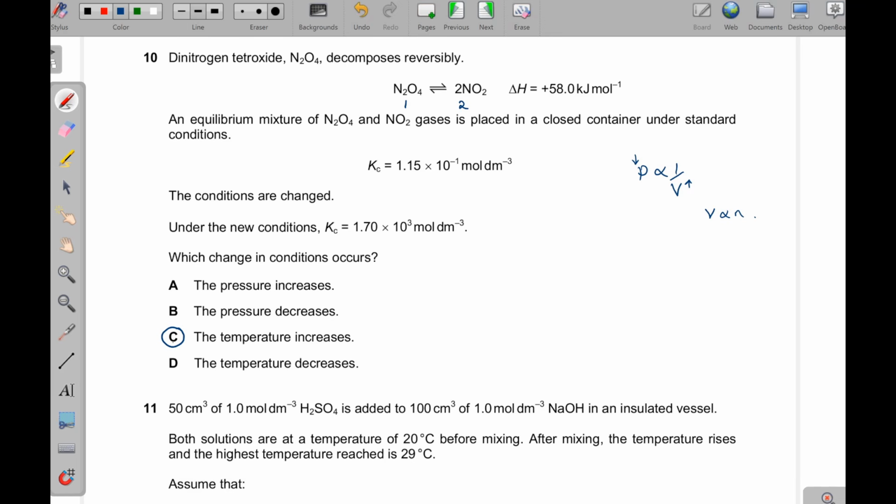In that case, that means you're going to have more of the products, and then the Kc. Remember, Kc is the concentration of the products raised to the power of the number of moles in the stoichiometric equation, divided by the concentration of the dinitrogen tetraoxide. You see that? So we're having more of the products when we increase the temperature and very few of the reactant. Kc has to increase, as simple as that. So that's why our answer is C.